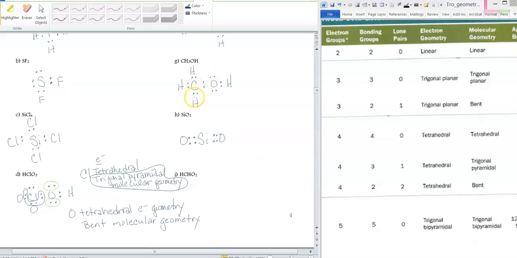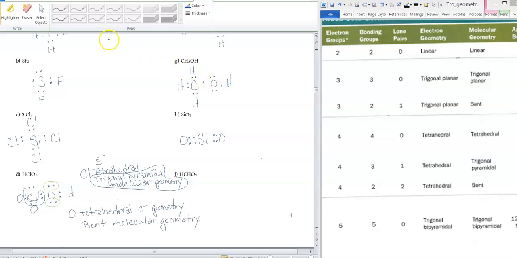And so carbon has 4 groups. All of them are bonded. So both its electron geometry and molecular geometry are tetrahedral. Oxygen, again, 4 groups. 2 are lone, 2 are pairs. Down here, electron geometry is tetrahedral, and it's bent.